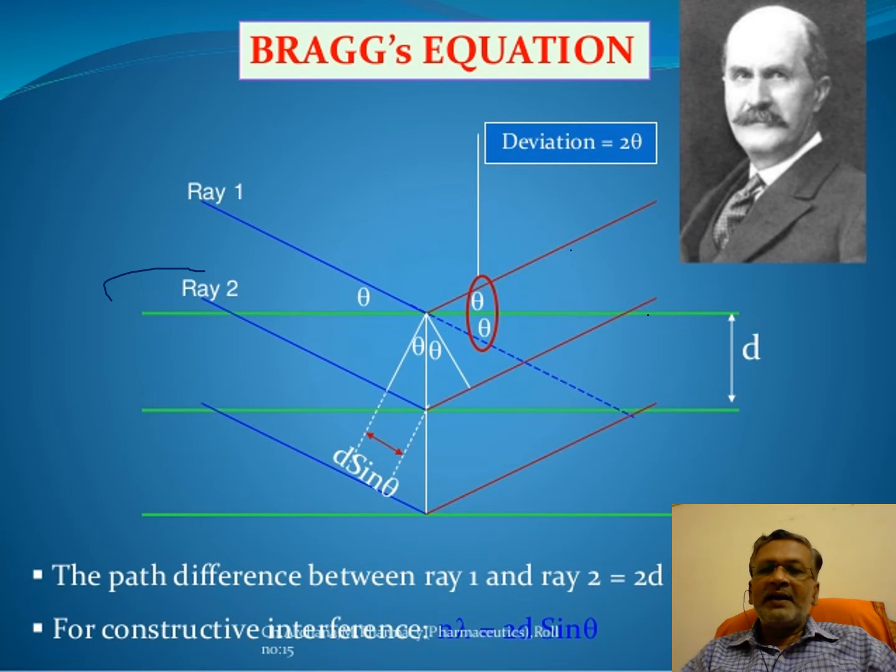The X-ray transmitted to the second plane passes through the interplanar distance d, and the path difference introduced is d sin theta on one side and d sin theta on the other side. So d sin theta plus d sin theta is 2d sin theta, and the constructive interference condition is n lambda. Therefore, n lambda is equal to 2d sin theta, which is Bragg's equation. This basic principle is used in the X-ray diffraction concept.